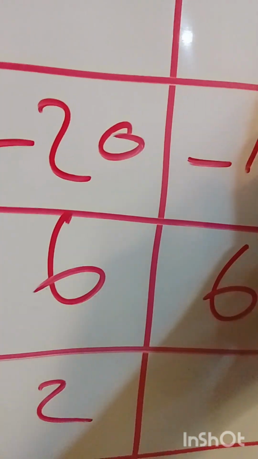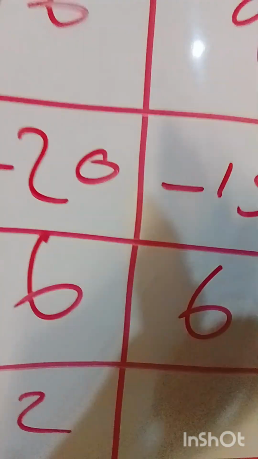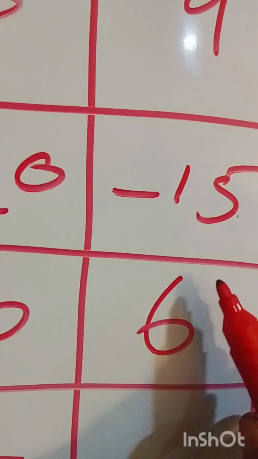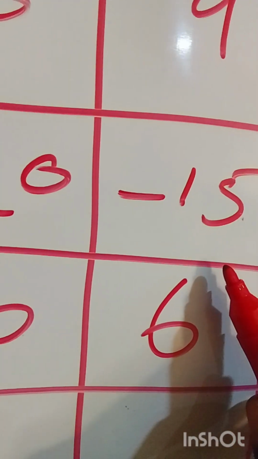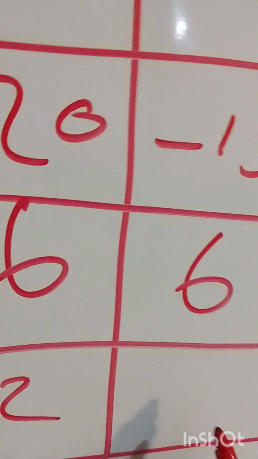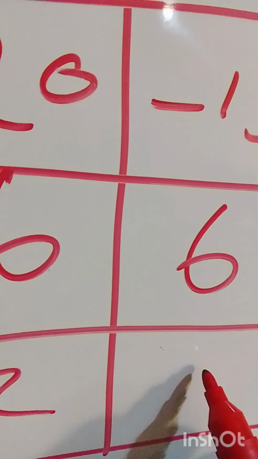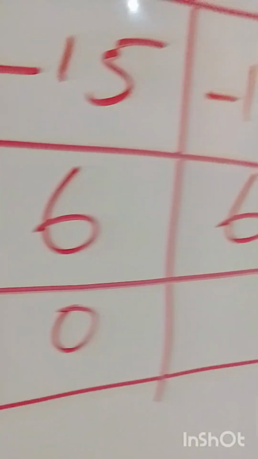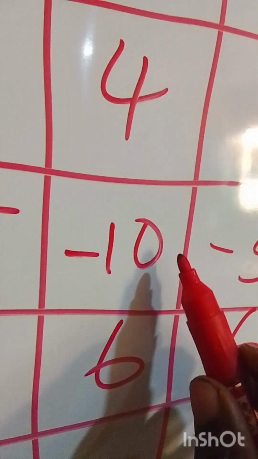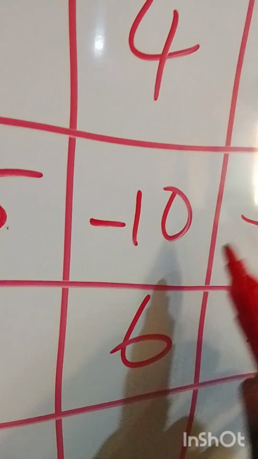Now we can also go this way. 9 minus 15. We have minus 6. Minus 6 plus 6, we have 0. Then 4 minus 10, we have minus 6.